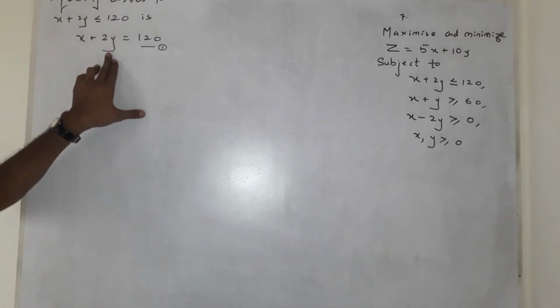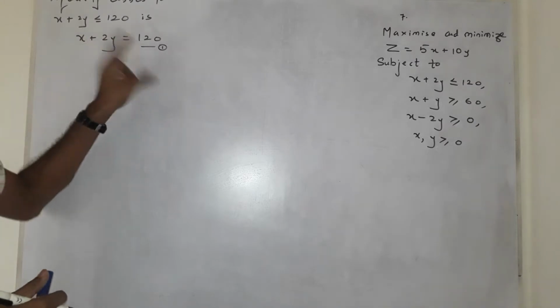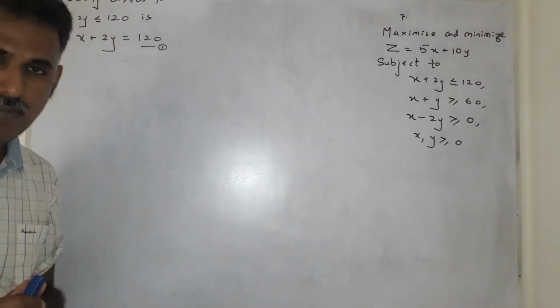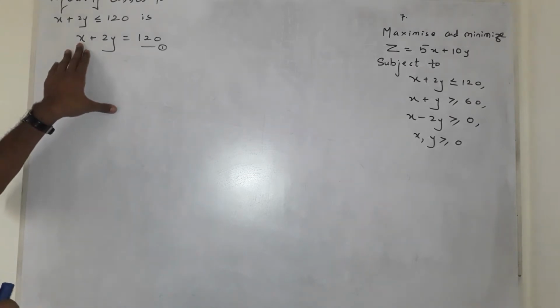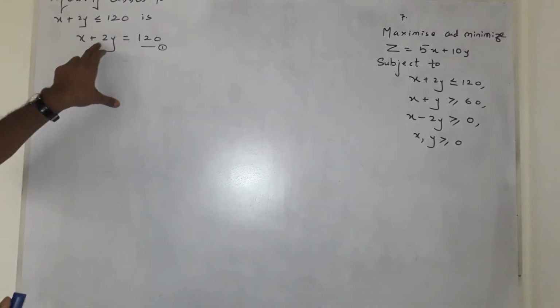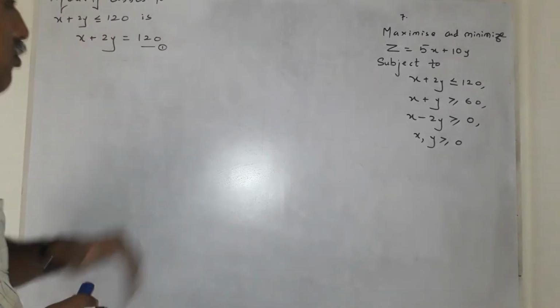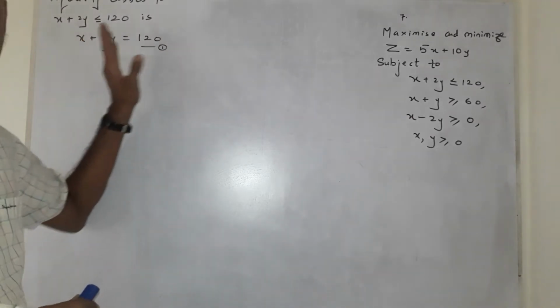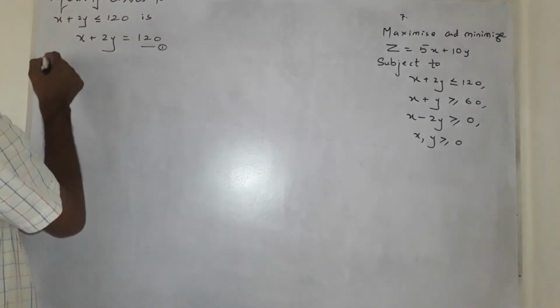So at y is equal to 0, we put y equal to 0, so x equal to 120. The x-intercept is 120. If you put x equal to 0, you have 2y equal to 120. So y is equal to 60. So for this line, the x-intercept is 120 and the y-intercept is 60.